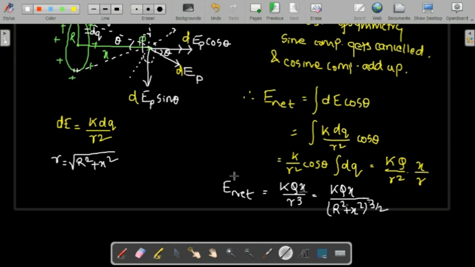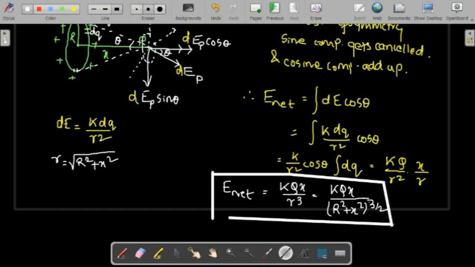This is the electric field. Okay, very important concept. This is the net electric field on the axis.